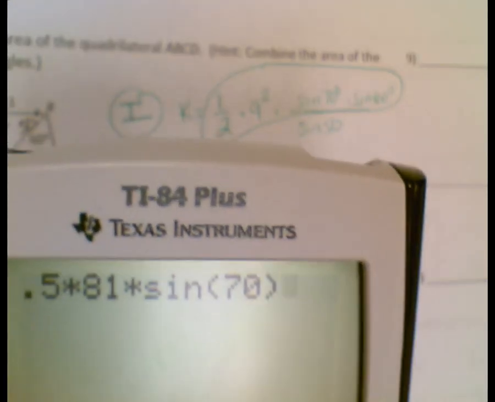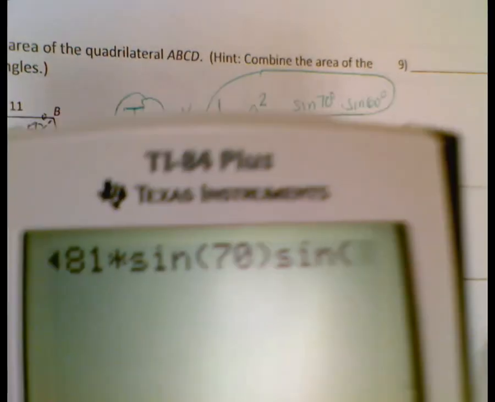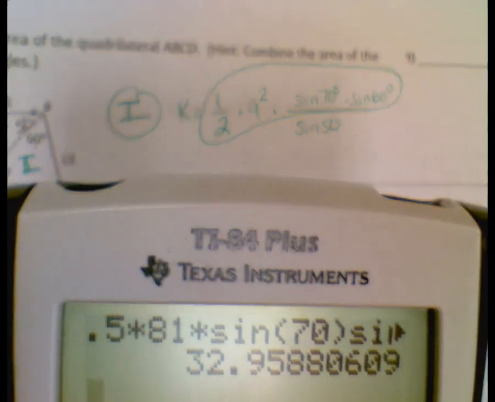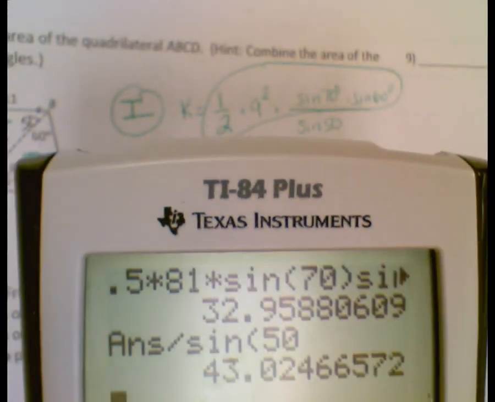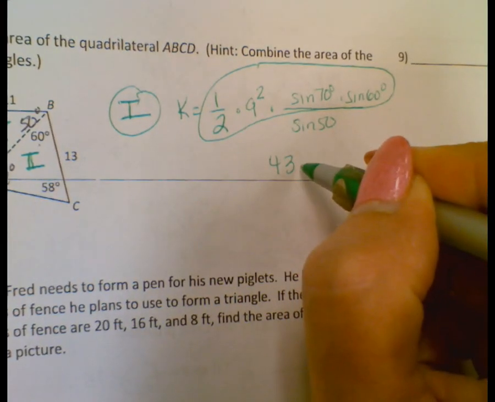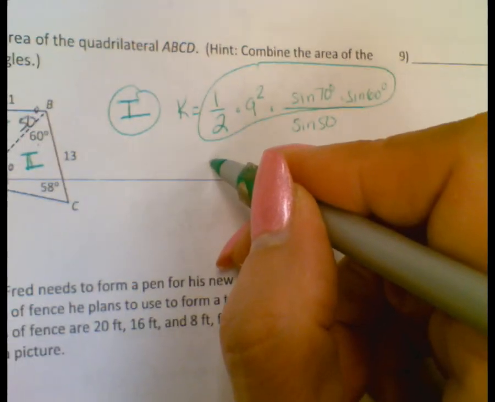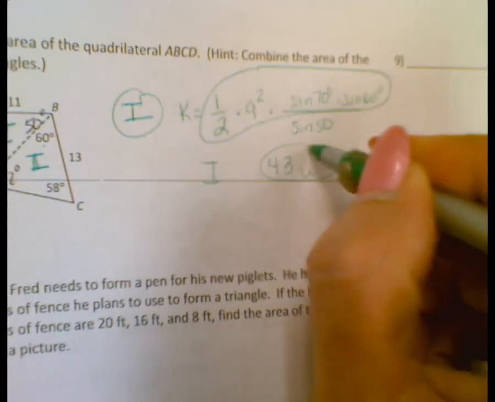You have to close the 70 before you press sine again. And the other sine is 60. You should close that parenthesis. Press equals and then divided by sine 50. This is an area of 43 units squared.